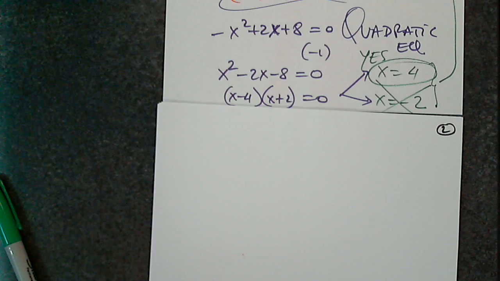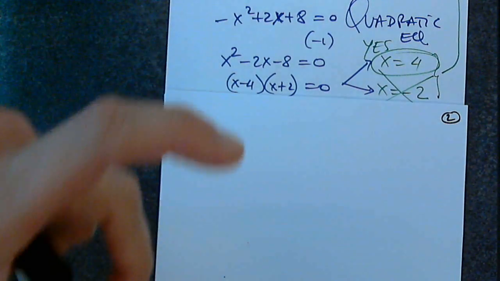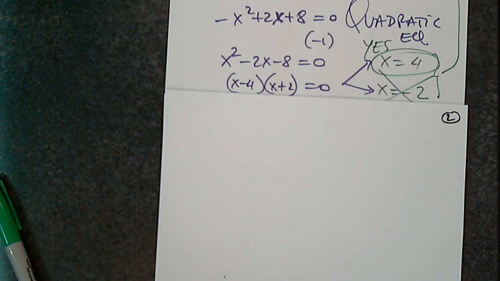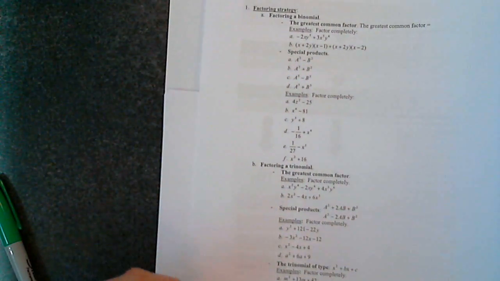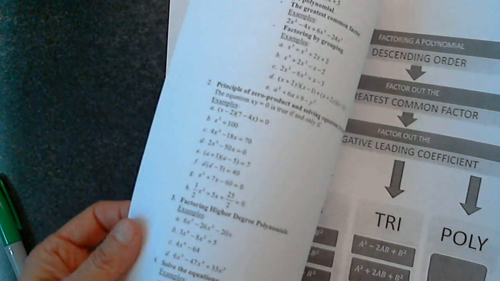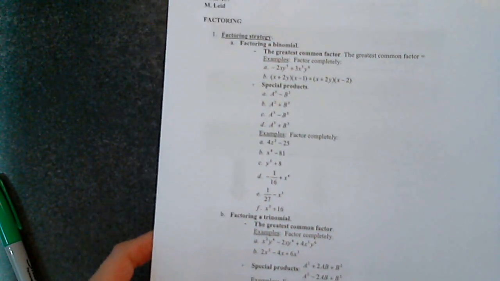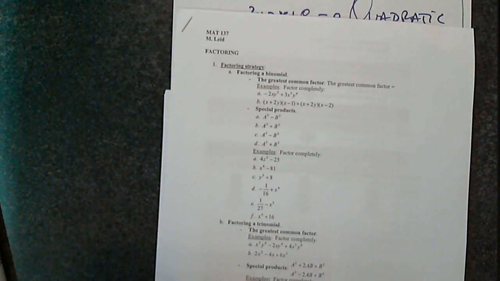Okay, so let's go back to the handout I gave you on factoring. If you have any difficulties with factoring, tell me anytime, because I see there are some difficulties with factoring. So I gave this document. It goes through really all possible factoring situations.